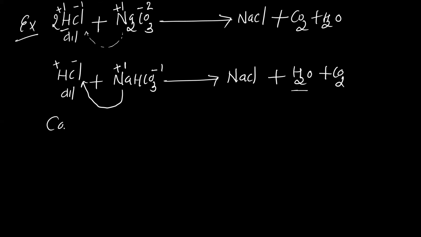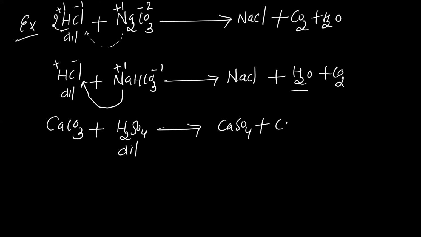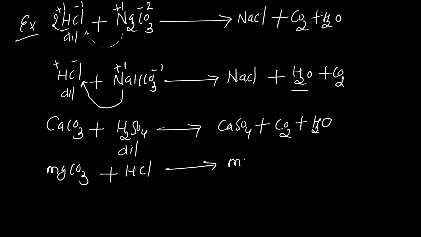We can write many examples. For example, calcium carbonate, a metal carbonate, reacts with an acid like H2SO4. It will form salt, calcium sulfate, plus CO2 plus water. Salt plus carbon dioxide gas plus water. Similarly, if I take magnesium carbonate plus HCl, what will they give?